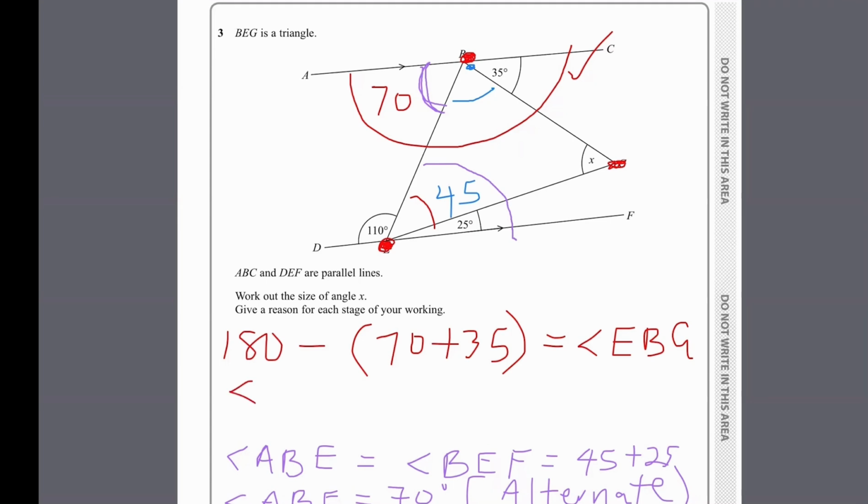So angle EBG equals 180 minus 105, and that gives us 75 degrees.